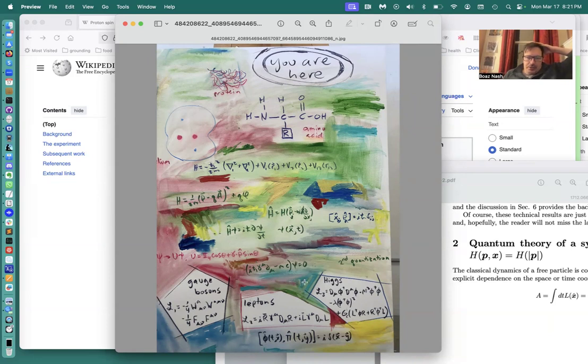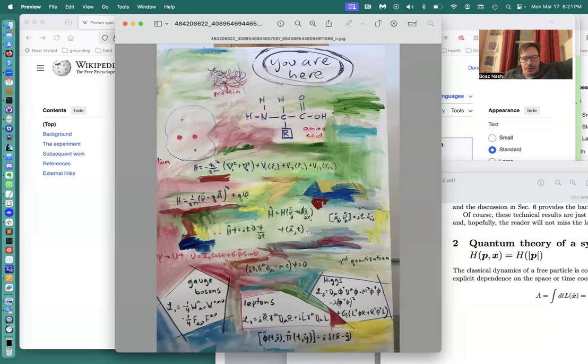So from relativistic quantum mechanics to non-relativistic quantum mechanics, and there's the method of second quantization, which is one way to go from the Dirac equation, from single particle relativistic quantum mechanics, to the quantum field theory.